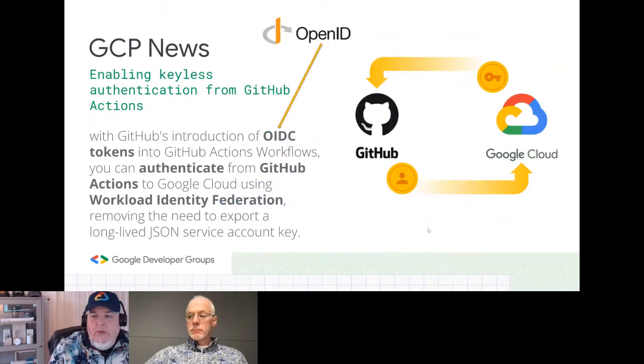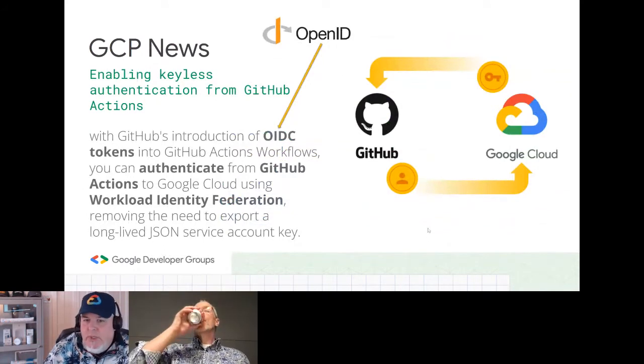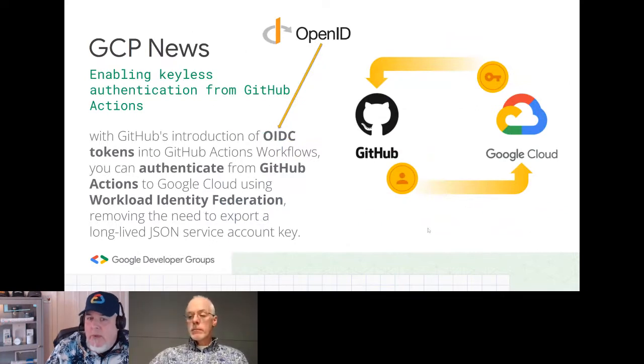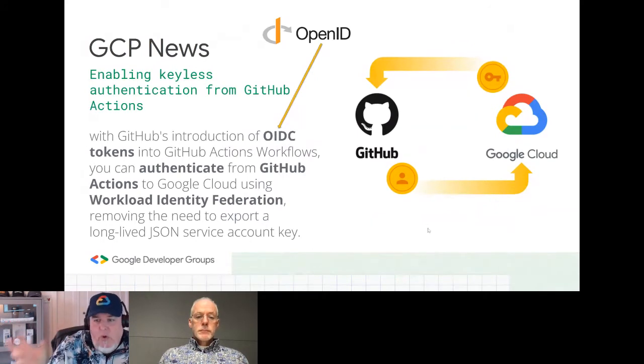Also, if you're leveraging GitHub Action and you're leveraging GCP, well, usually I was talking about that darn JSON file or something. Well, now GitHub Action actually supports OIDC, which is OpenID. And so you can leverage workload identity in GCP to create a trust. And if that trust is created through tokens and exchange, then you don't need that long-lived JSON service account file.